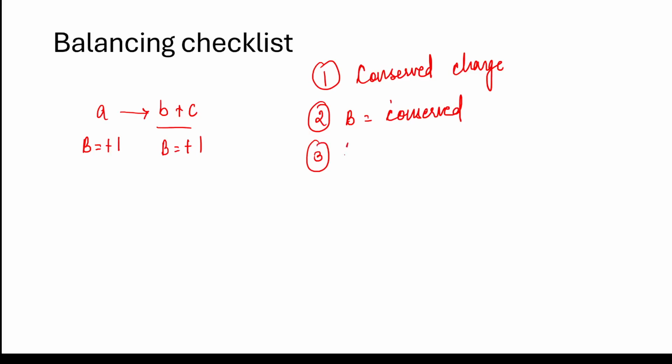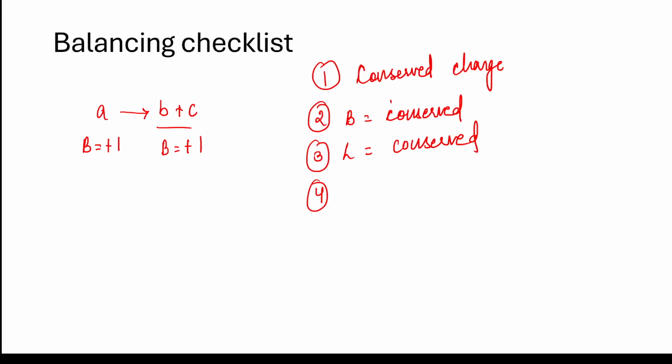If it's a lepton, conserve lepton number. Sometimes you might have to add neutrinos or antineutrinos, not to conserve charge, but to conserve energy or momentum.